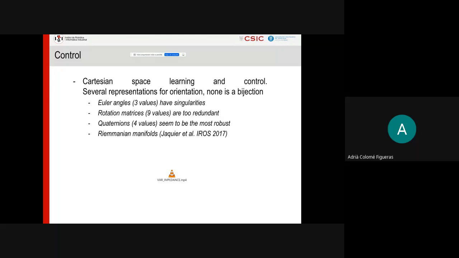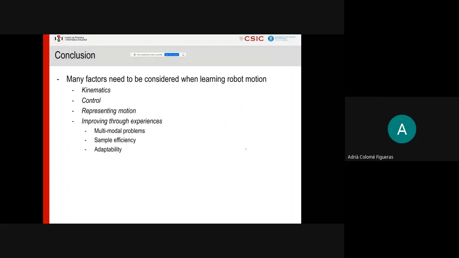There is some literature that considers this problem and tackles it. One approach is to directly use Riemannian manifolds, but this also gets more complicated from the computational and the mathematical perspective. So as a conclusion, many factors need to be considered when learning robot motion.